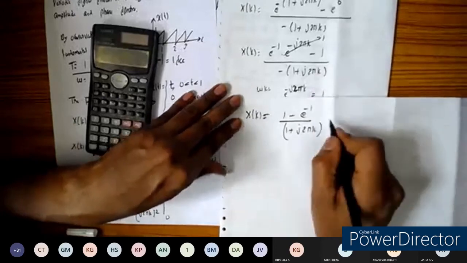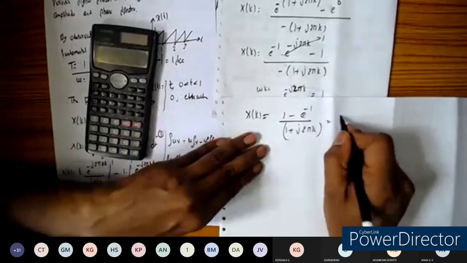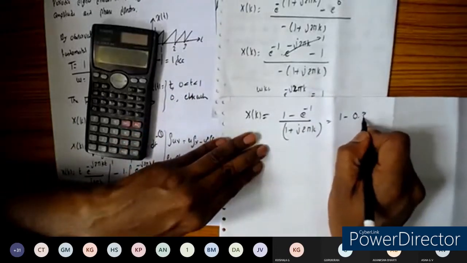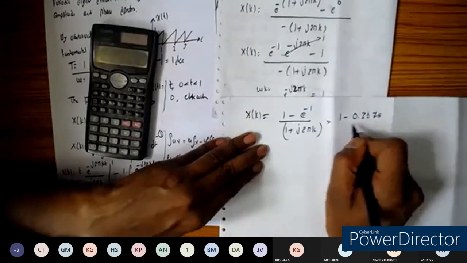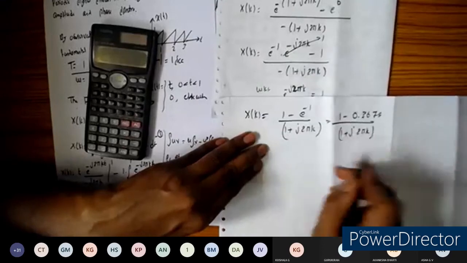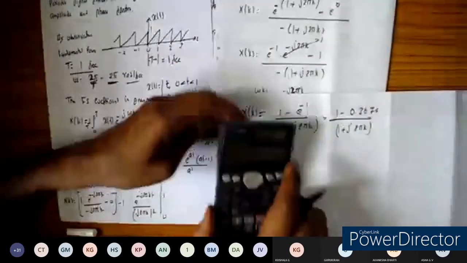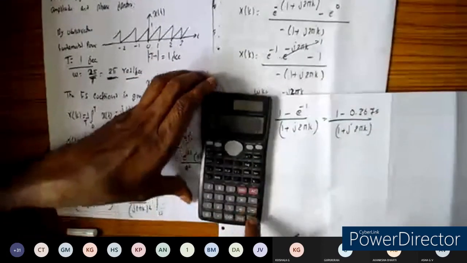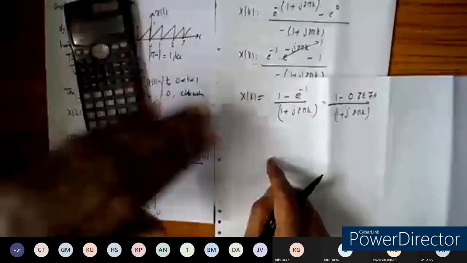Now e to the power of minus 1 is 0.3679, so 1 minus this will become 0.6321.